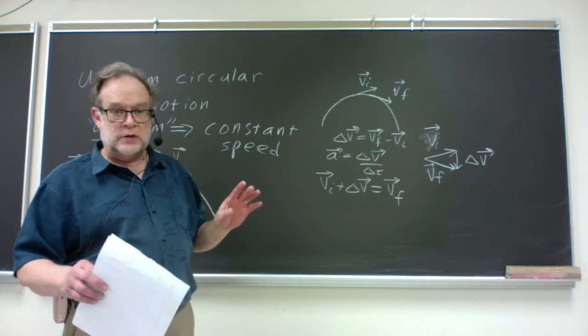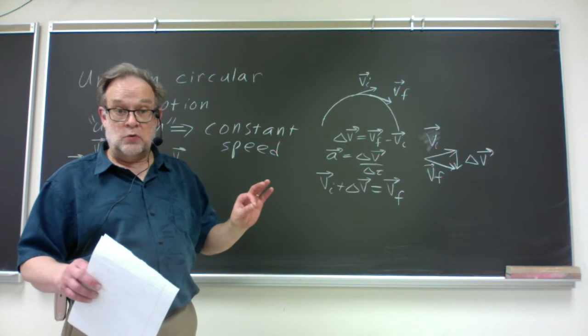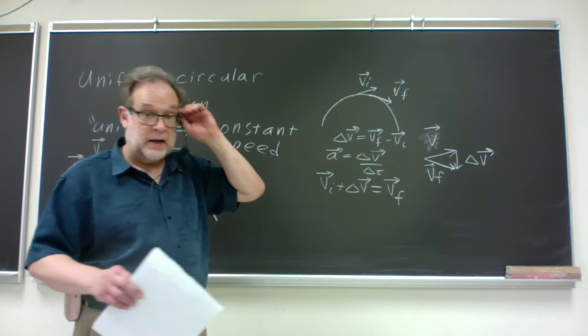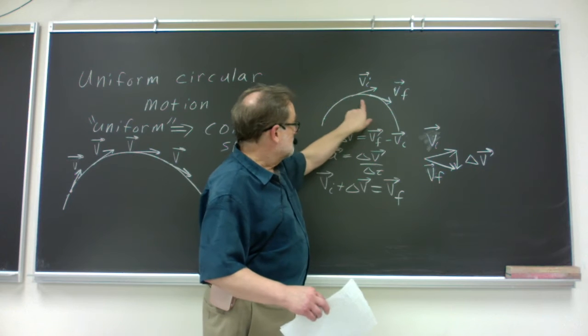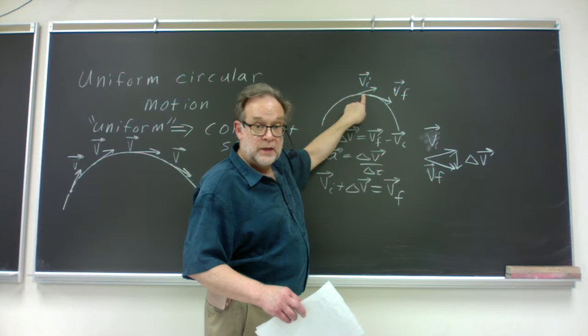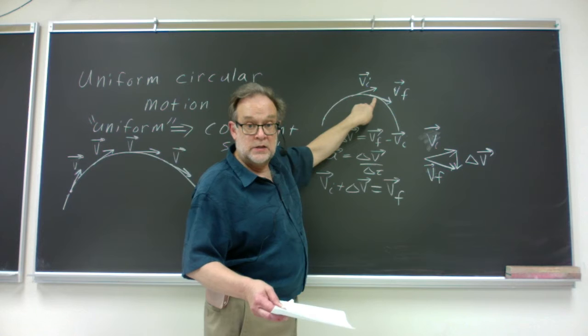Let's look in a little more detail at how velocity changes as the thing moves along a circular path. So just imagine when the object is at some point just almost to the top of the circle, and then at some point just a little bit past the top of the circle.